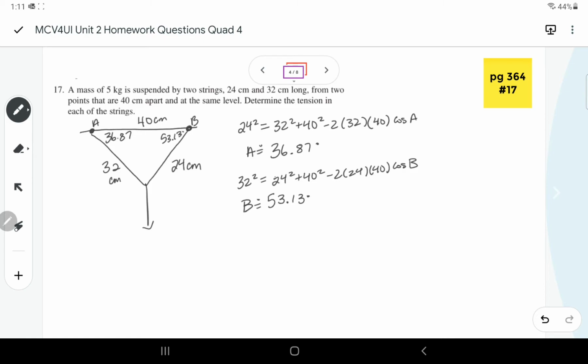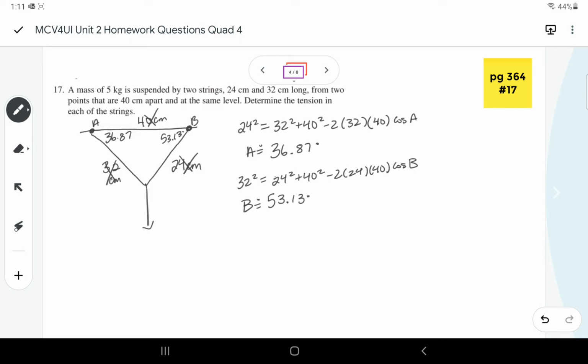So now this question is basically equivalent to what we did in the lesson. I'm going to redraw this and forget about those lengths, because I think the lengths can mix people up. Now we want to think about forces, not the actual lengths of the ropes or strings.